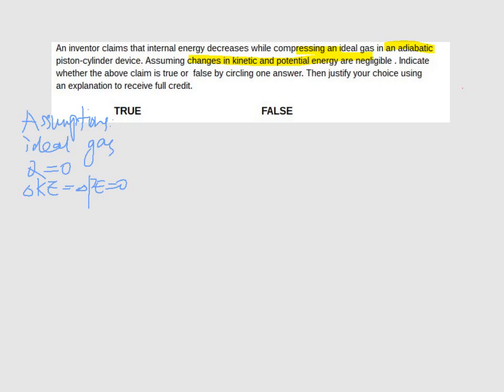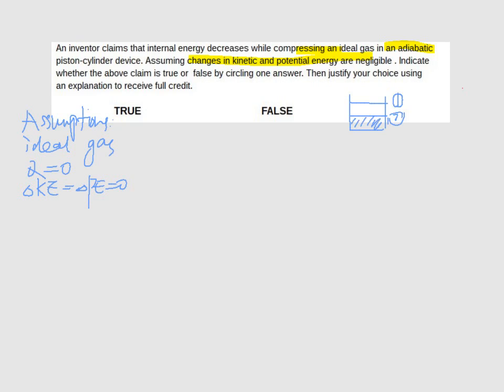Additionally, other than all these assumptions, there's also one piece of information that I think is important to notice. It's compression. So what does that mean? For example, if we have this piston cylinder device, we define this as state 1 and this as state 2 because we compress the air from a higher volume to a smaller volume.